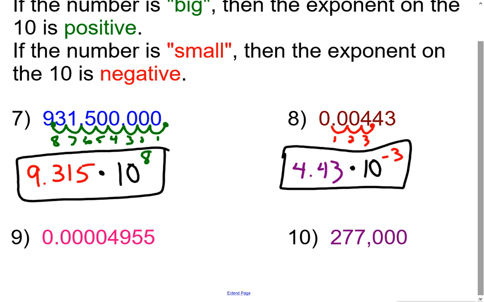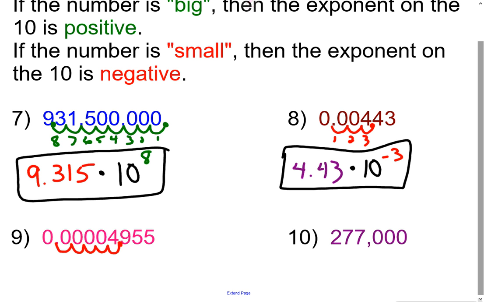My number 9 here, same concept, nothing's changing. Again, I notice that I have this small decimal. Therefore, I think in my head and I go, exponent's going to be negative on the 10. So I count 1, 2, 3, 4, 5. To get right here, I stop because at 4.955, that's between 1 and 10.